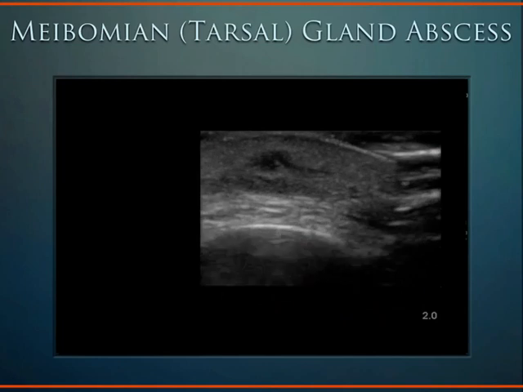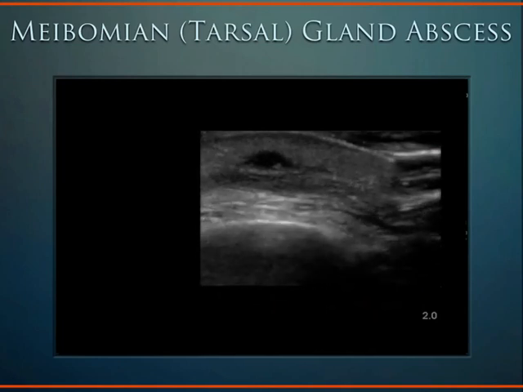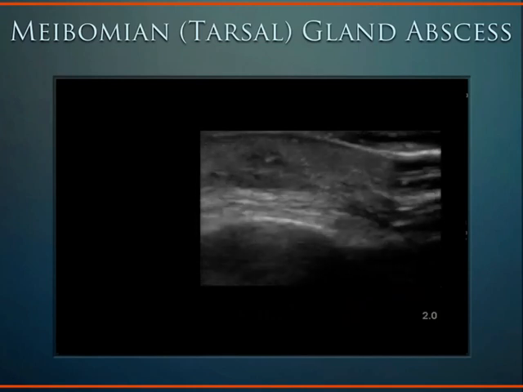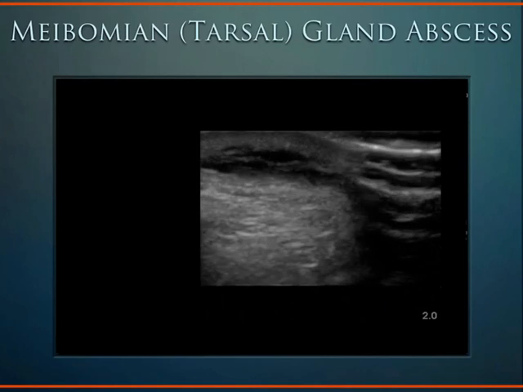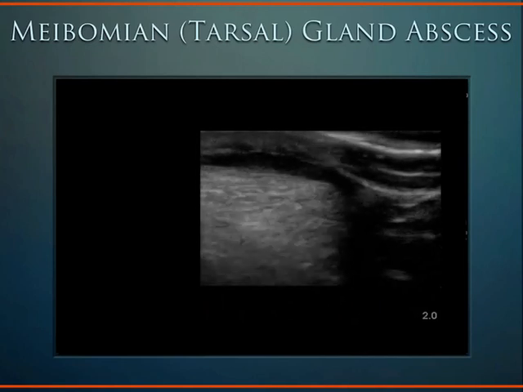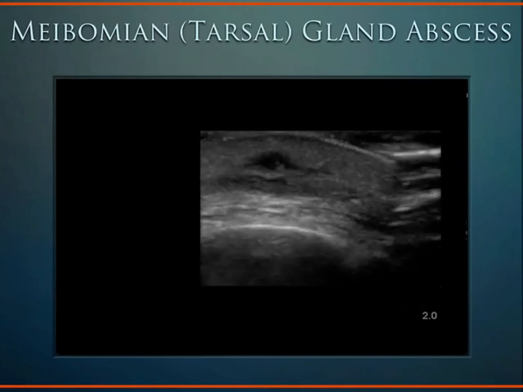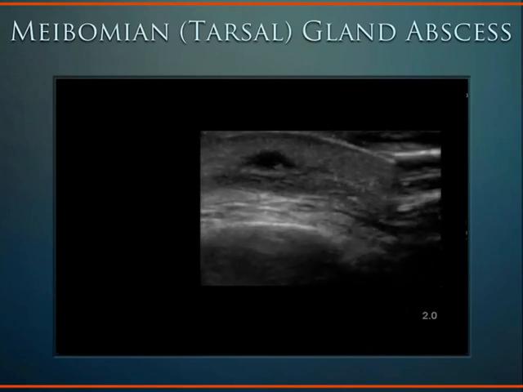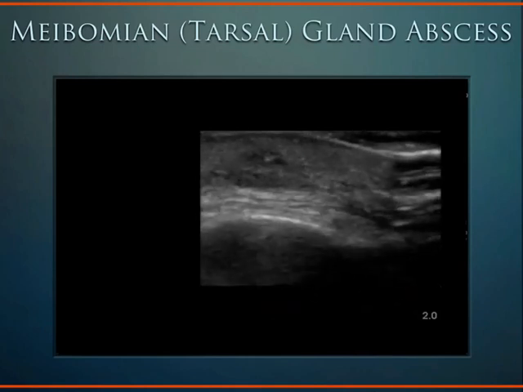This is an example here of a meibomian gland abscess. The meibomian glands, sometimes called tarsal glands, are a special kind of sebaceous gland along the rim of the eyelids inside the tarsal plate. They make a substance called meibum, an oily substance that prevents evaporation of the eye's tear film.